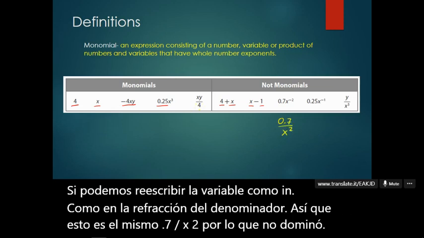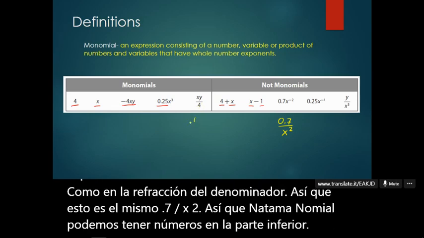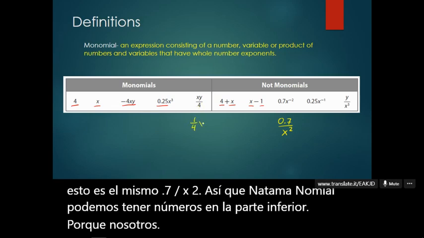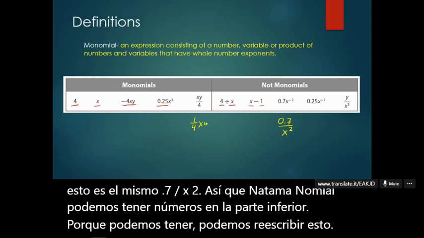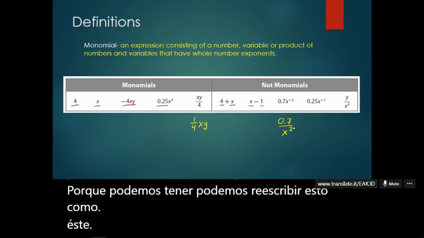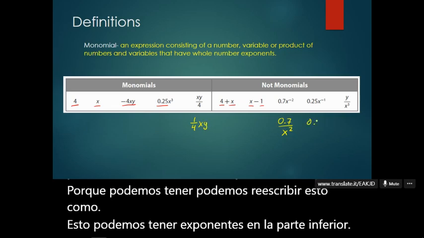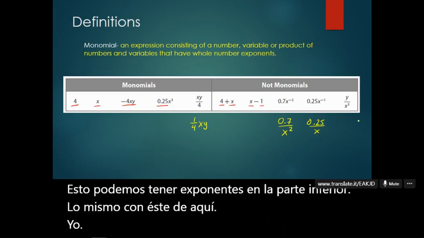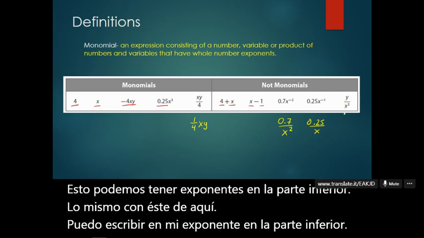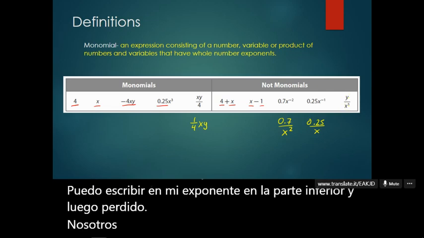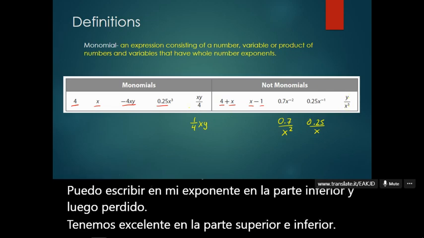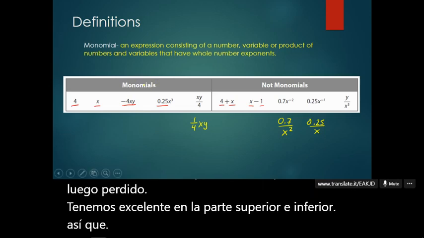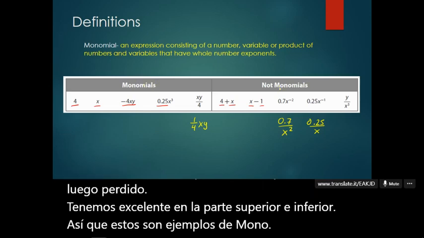We can have numbers in the bottom because we can rewrite this as this, but we can't have exponents on the bottom. Same with this one right here. I can rewrite my exponent in the bottom, and then last we have exponents on top and the bottom. So these are examples of monomials, and here are examples of not monomials.